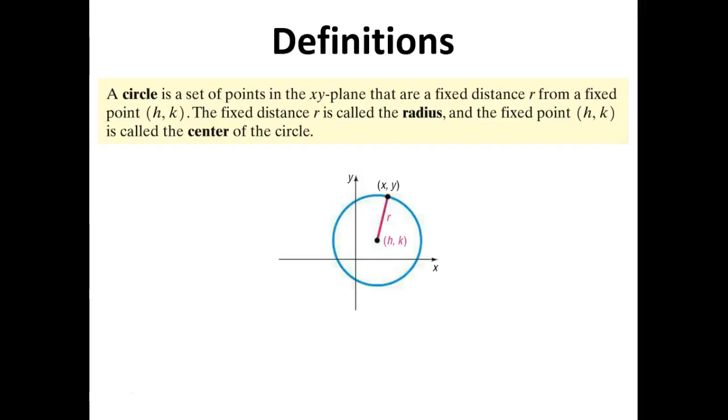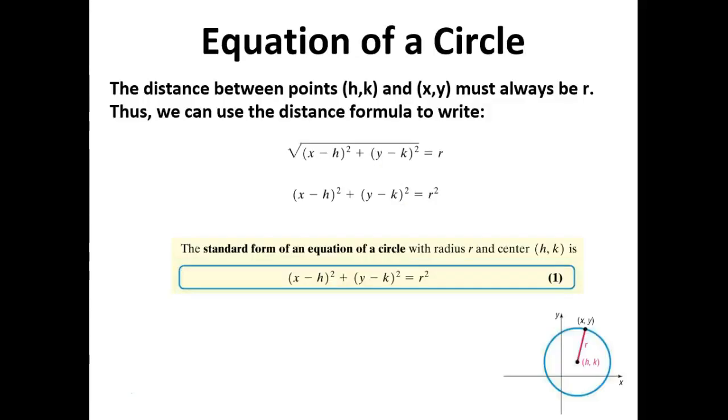So in an xy plane, we can put a circle's center wherever we want, and we can make the radius however big we want as well. For an equation of a circle, the distance between the point h, k, which is the center, and x, y, whatever point in the plane is on the circle, must always be the radius.